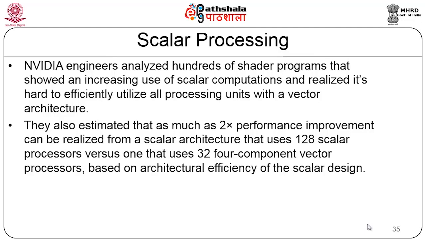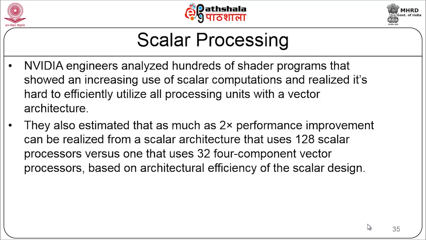NVIDIA, which is one of the most popular manufacturers of GPUs, analyzed hundreds of shader programs that showed an increasing use of scalar computations, and realized that it is hard to efficiently utilize all the processing units within a vector architecture. So, they were not happy with the vector architecture, it was not justified.